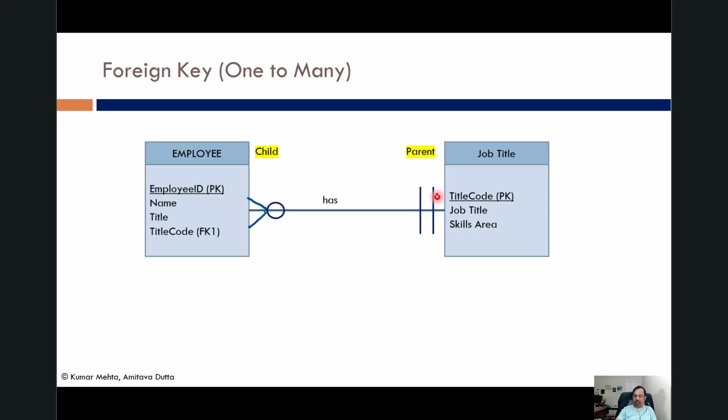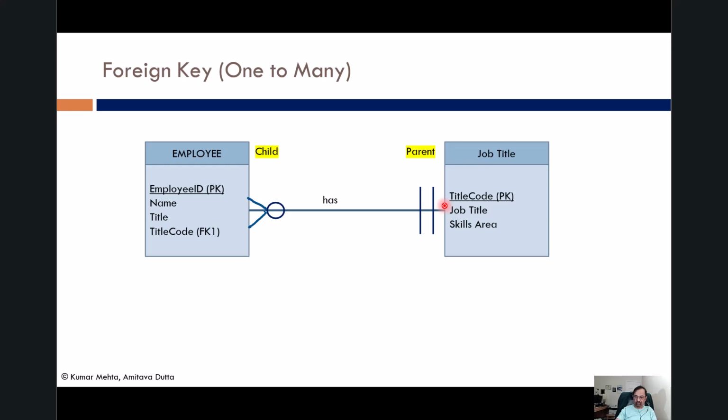However, this maximum value of one, that an employee can have at most one job title, is a characteristic of whatever business whose application data is being modeled. I would venture to say that in most organizations, most employees have exactly one job title.